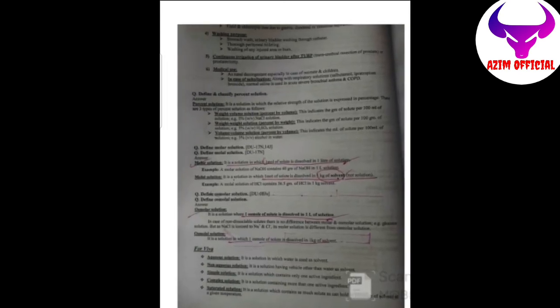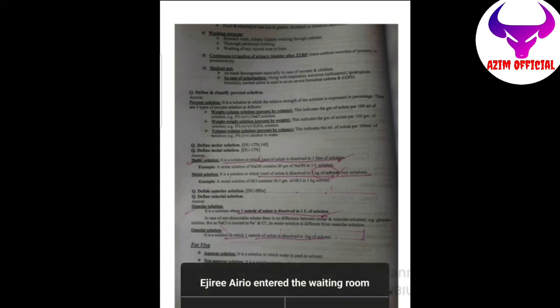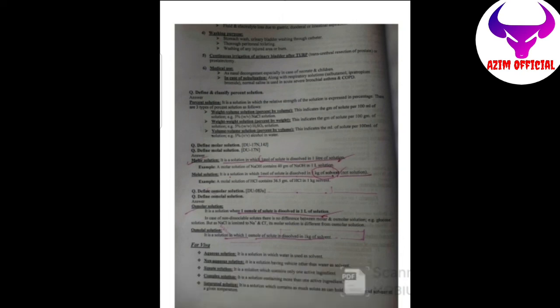For washing purpose, you need stomach wash and urinary bladder washing through the catheter. In the operation theater, if you are a surgeon, you need to wash out before closing the abdomen or the operation field in the body.